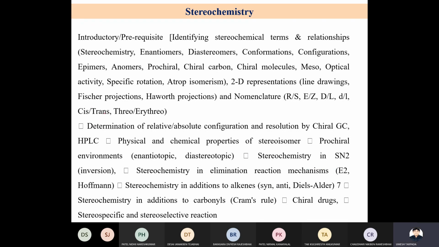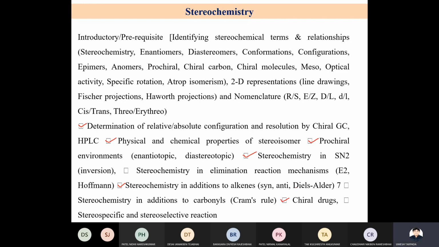After that, we are going to move to the determination of relative or absolute configurations, and resolution by chiral gas chromatography and HPLC technique, physical and chemical properties of stereoisomers, pro-chiral environment, stereochemistry in SN2, stereochemistry in E2, stereochemistry of Diels-Alder reaction, and stereochemistry in addition to carbonyl compounds, that is called Cram's rule, and chiral drugs, and stereoselective and stereospecific reactions.